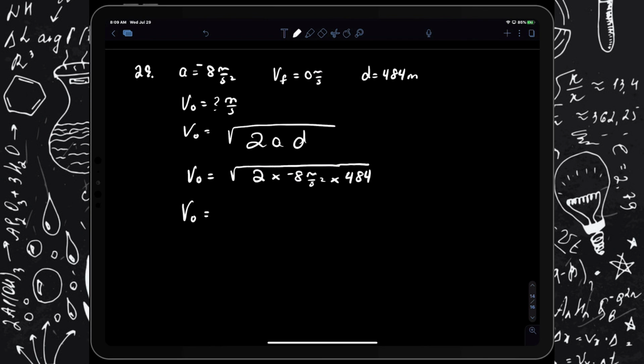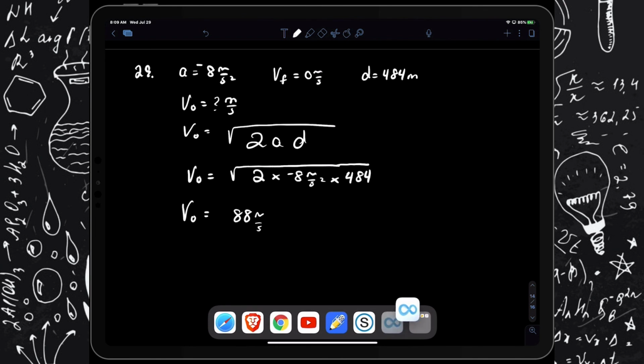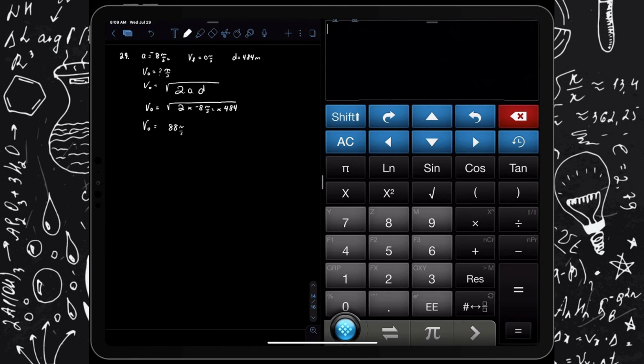What we should end up with is an initial velocity of 88 meters per second. We can check that with the calculator, and you can see how this is supposed to be typed in too. So we go square root, parentheses, 2 times 8 times 484, close it up, and you end up with 88.